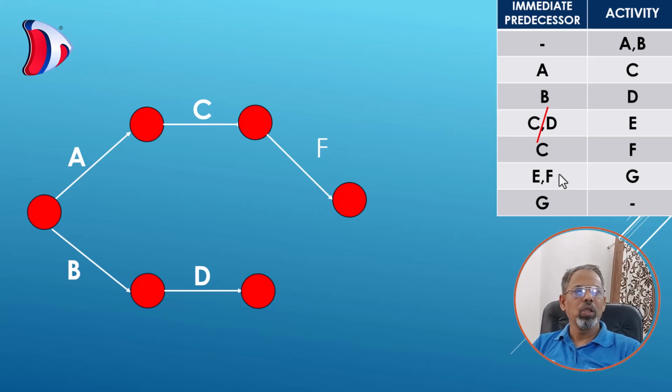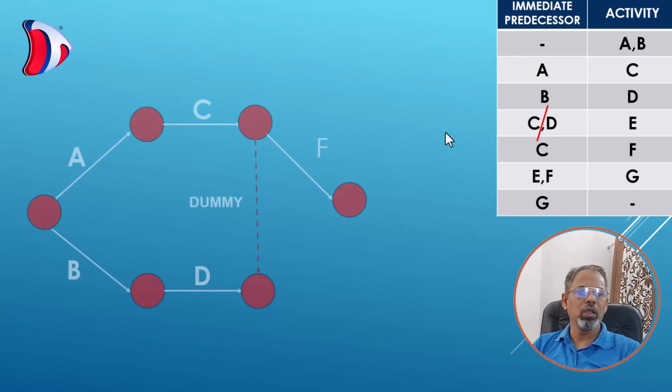Now going back to the previous step, we have to give rise to activity E from activity C and D. So what we will do is we will give rise to activity E from activity D only.